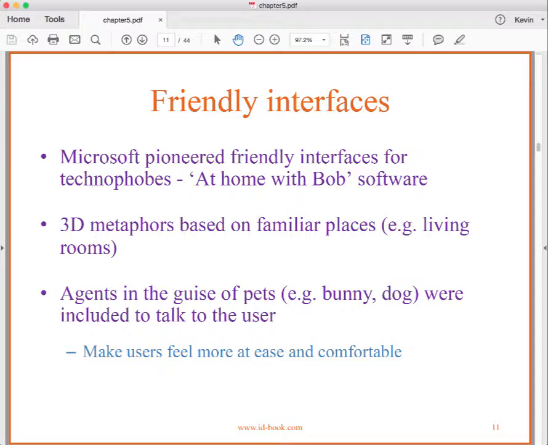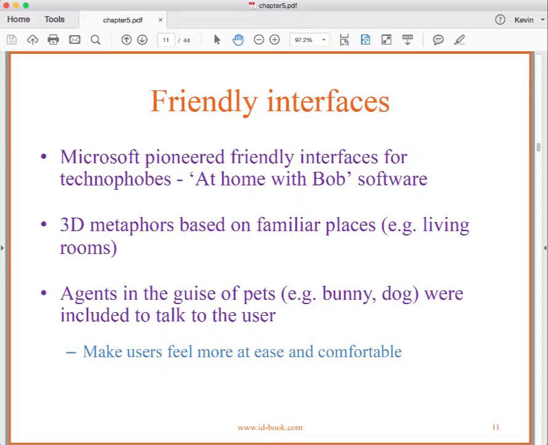It was based on 3D metaphors and familiar places and all those kinds of things. They eventually gave up on that, but it wasn't their last attempt to come up with a friendly interface. In fact, Clippy, who's going to come up in another slide or two, is kind of a son of Bob to a certain extent.